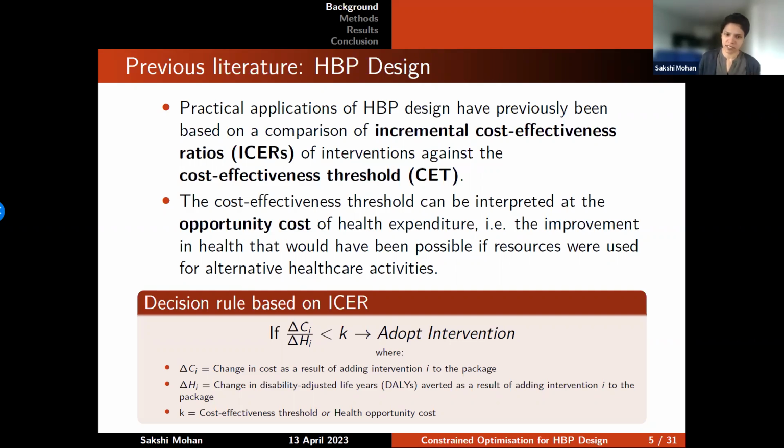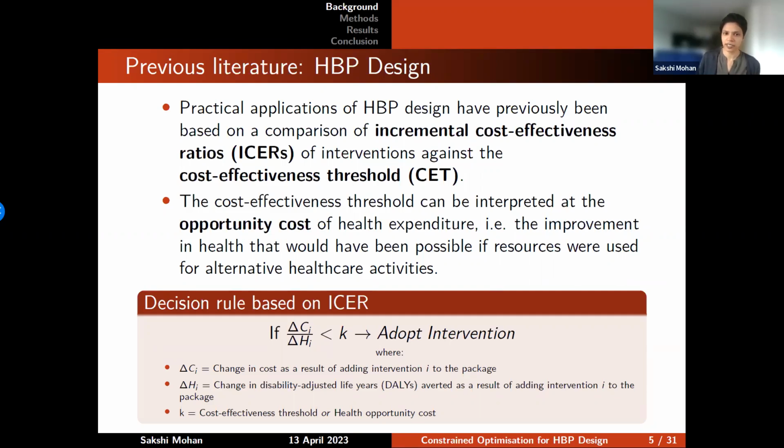The cost effectiveness threshold can be interpreted as the opportunity cost of health expenditure. This is the improvement in health that would have been possible if the resources were used for alternative healthcare activities. So simply put, this is the amount of additional expenditure required to produce a unit of health at the margin, or the marginal productivity of the health system.